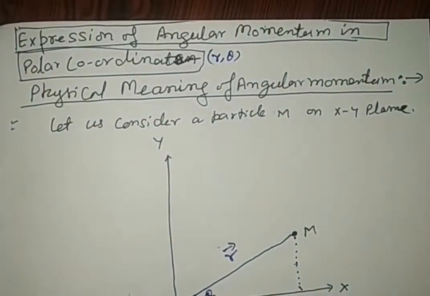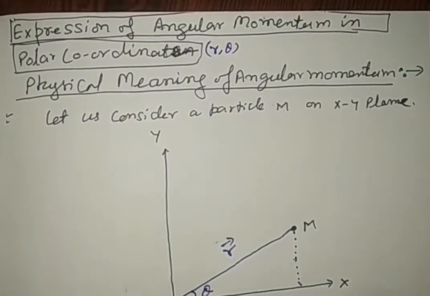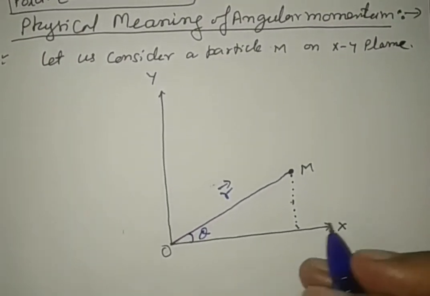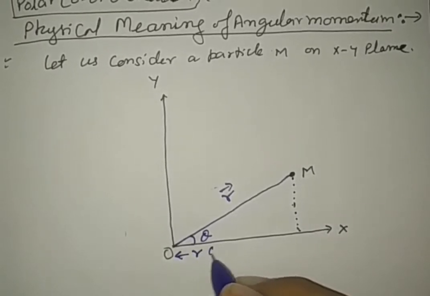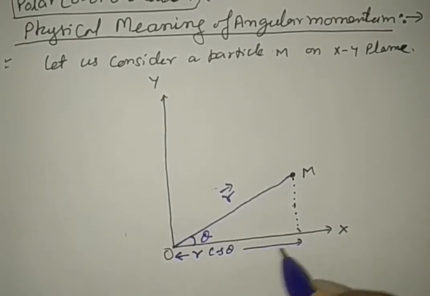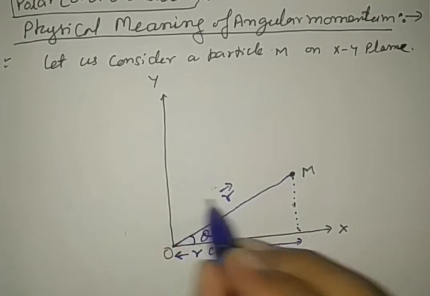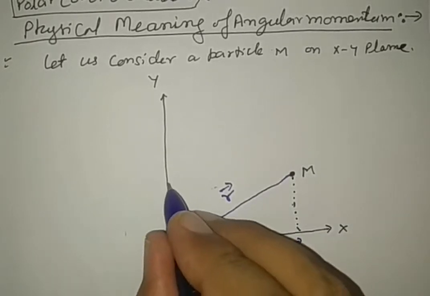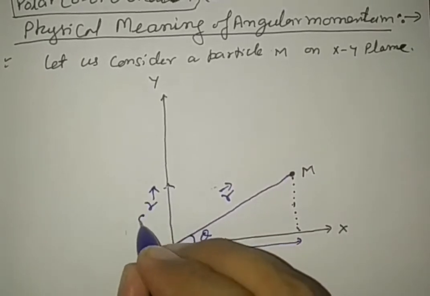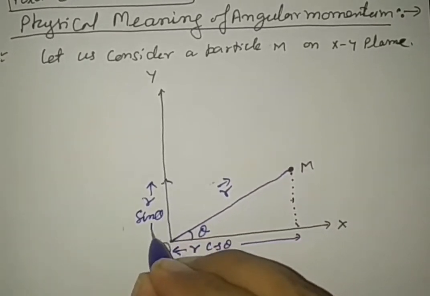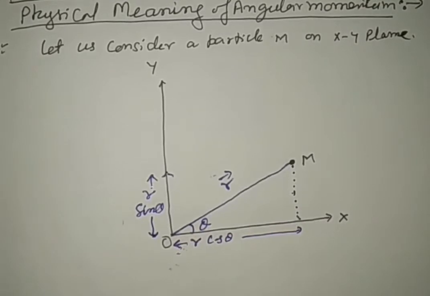See carefully. So this projection is r cos theta, and here it is known as r sin theta, right?